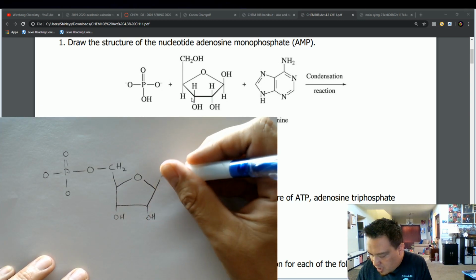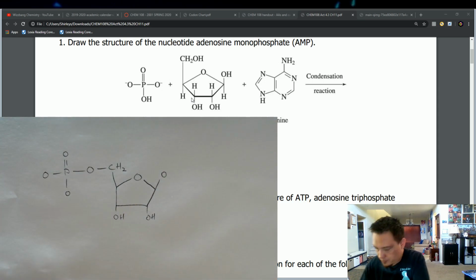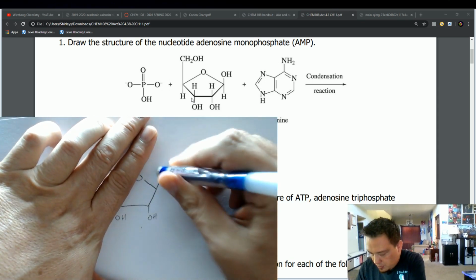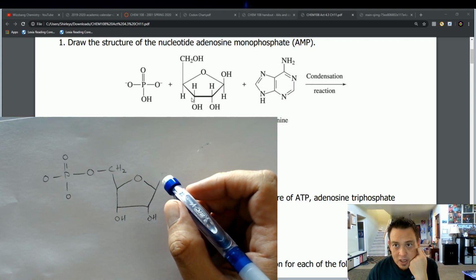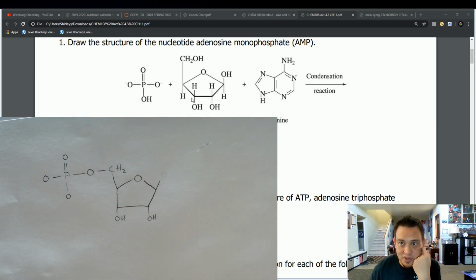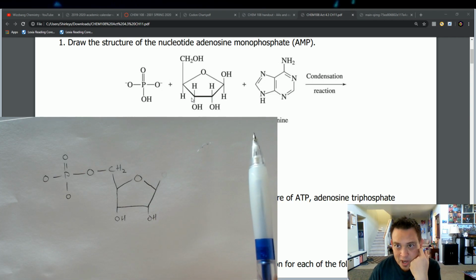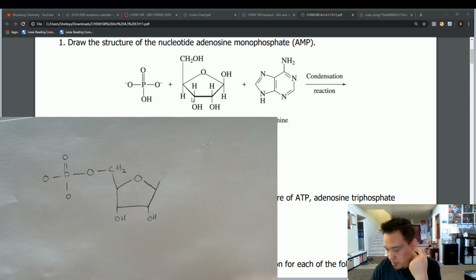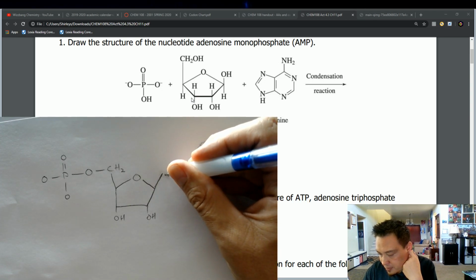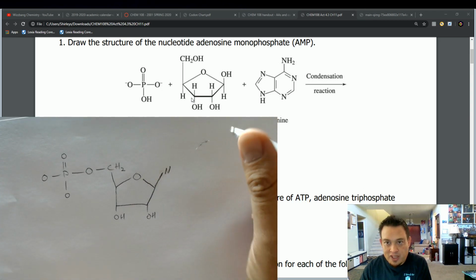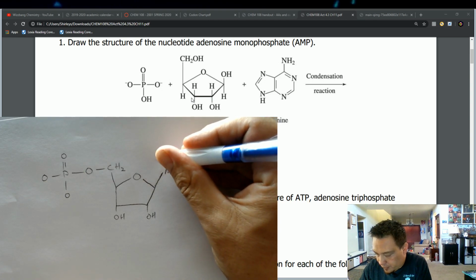And then I could ask a couple questions about this, but all right. So where the OH is here on the anomeric carbon, that's going to be bonded to the NH that's on the bottom left of the ring there on the nitrogenous base. So instead of having the oxygen here, we have nitrogen, like that, and then you just draw the rest of the molecule.